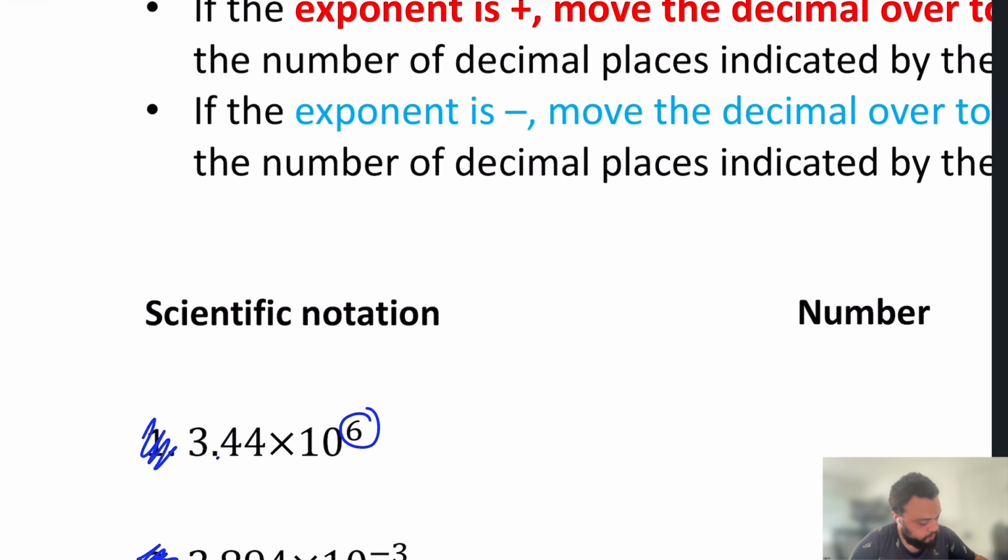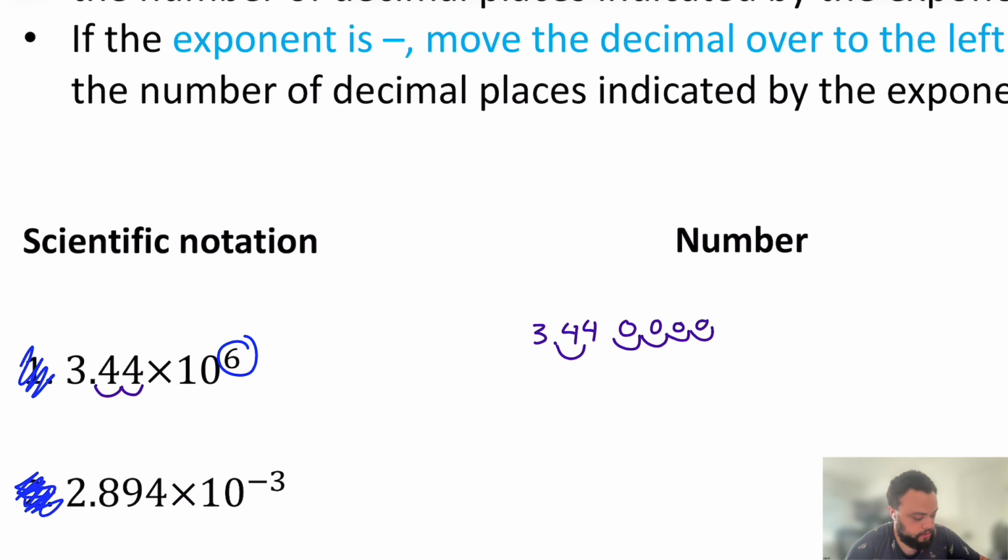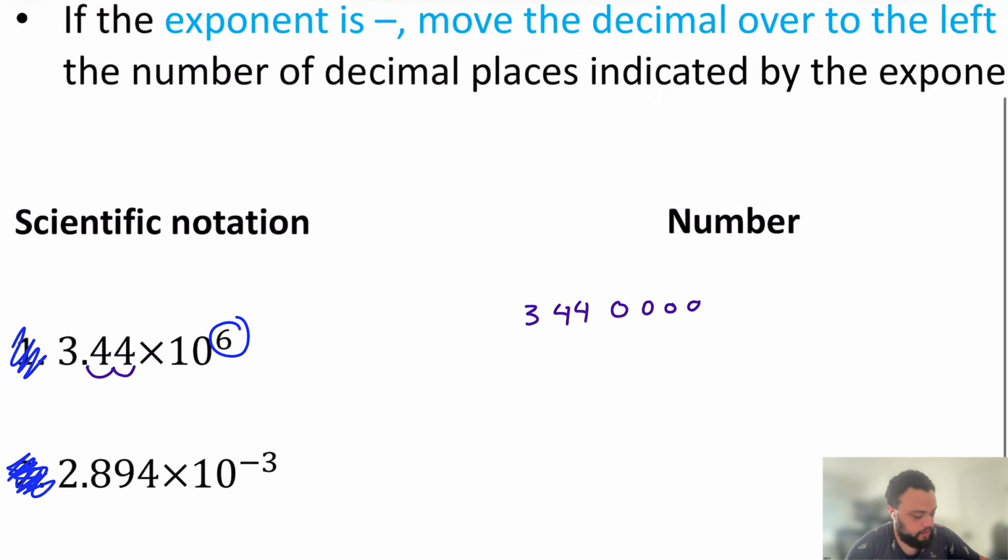One, two, and then we can imagine four more. So we'll end up with 3.44. I'm just going to do it over here. 3, 4, 5, 6, like that. And then everywhere where there's nothing, we're going to put a zero in. I'm going to erase all of those leaps and the decimal, and that's what we get.